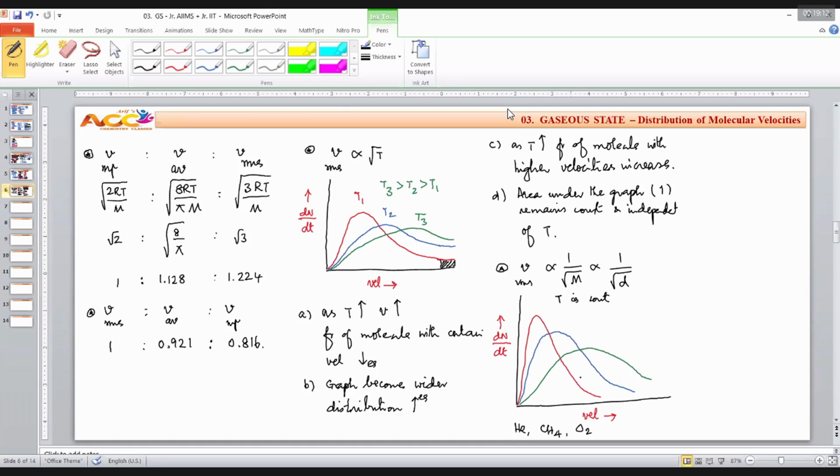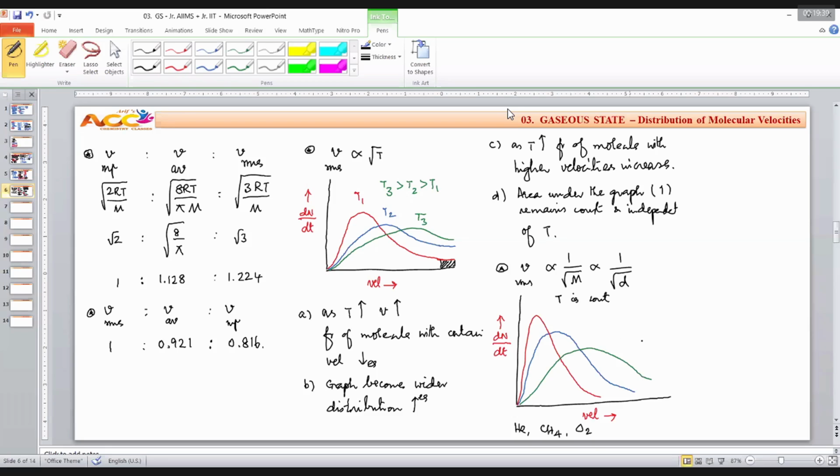How do you proceed? Very simple. Helium is of lower molecular mass. If molecular mass is lower, the gas can have higher velocity. Therefore, in the case of helium, we should have a chance of very high velocity.